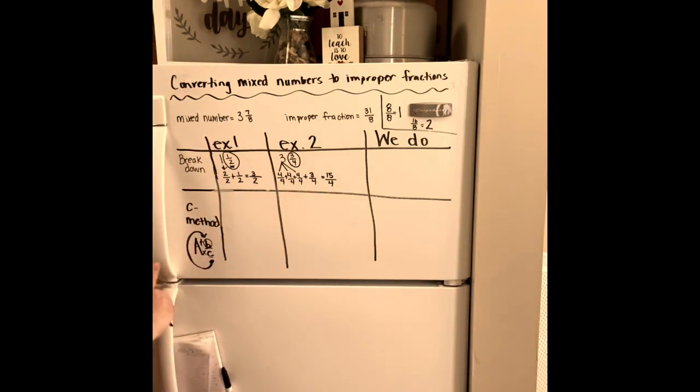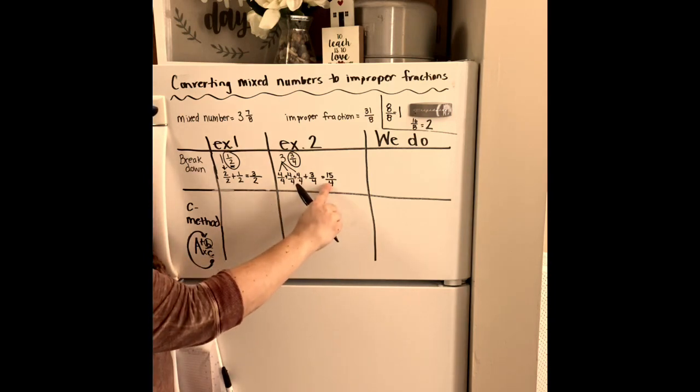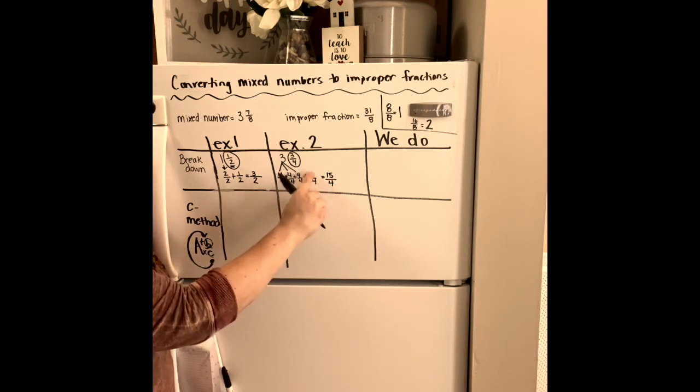That's exactly what I'm doing here on the C method, except I'm not using repeated addition. I'm jumping straight to multiplication. Denominator times the whole plus the leftover gives me my new numerator, and then my denominator stays the same, just like on the last piece.